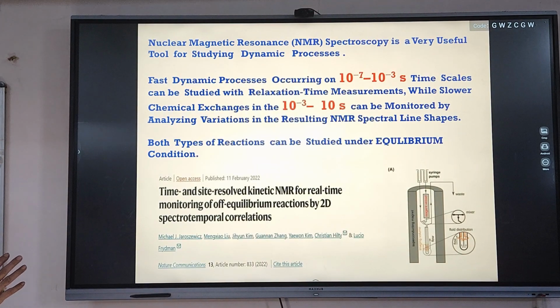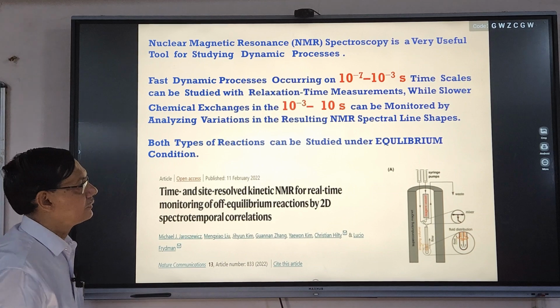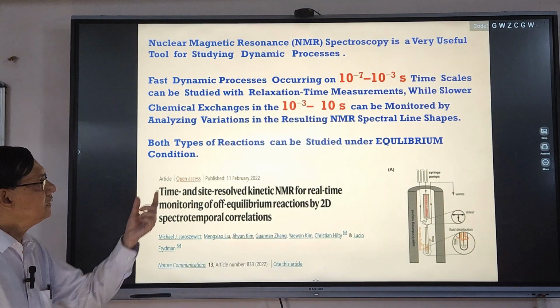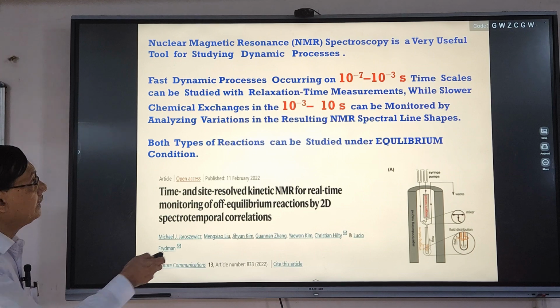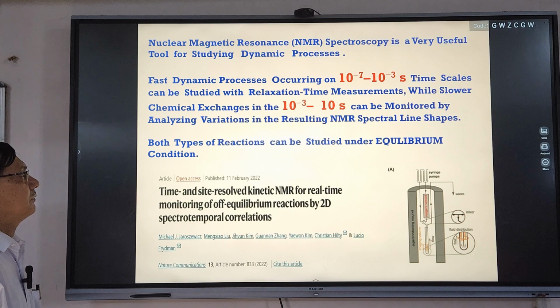Now, basically, the technique is based on the types of the reactions. Now, suppose you are performing an experiment where the half-life is 10 to the power minus 7 to 10 to the power minus 3 seconds.